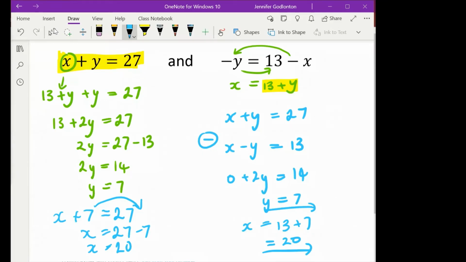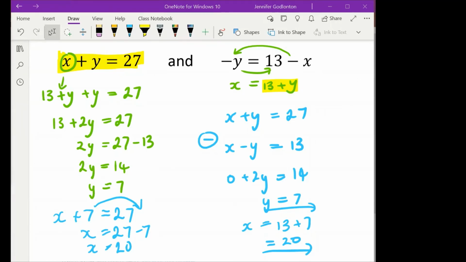Sure, Siam Tanda. Sorry, when we were converting, I don't know how to say this. When I did my substitution method, I said x plus, and then I put brackets and I said negative 13 plus x, and then I closed the bracket and I said equals 27.